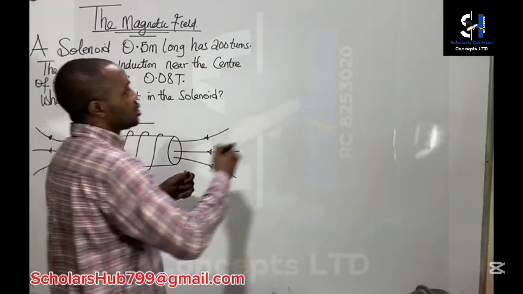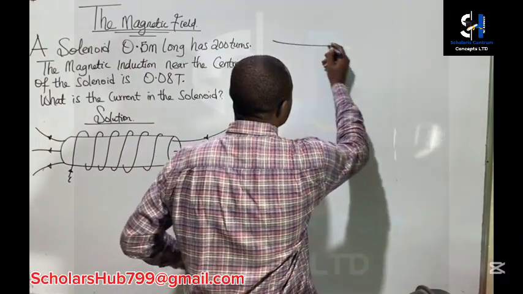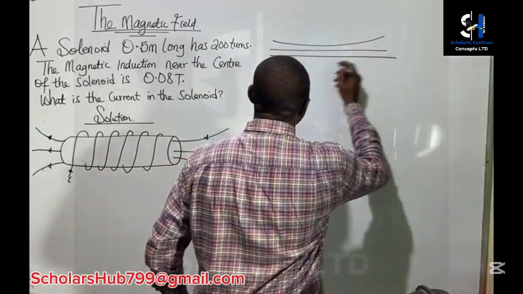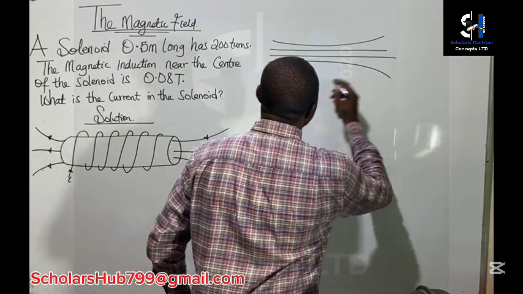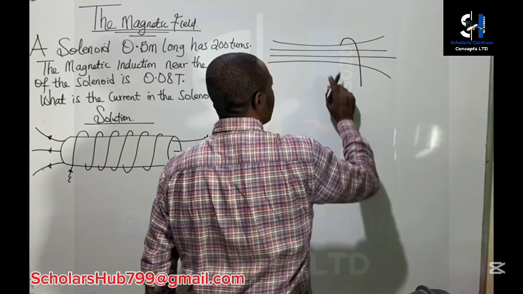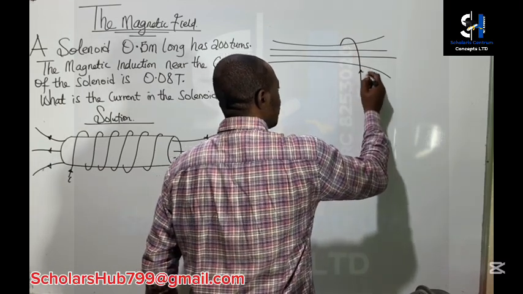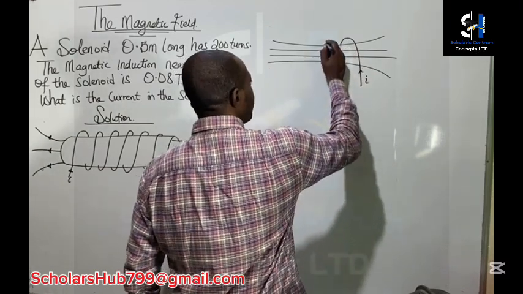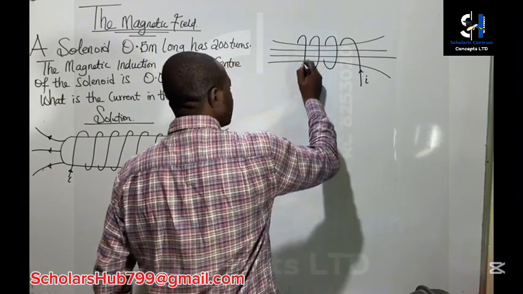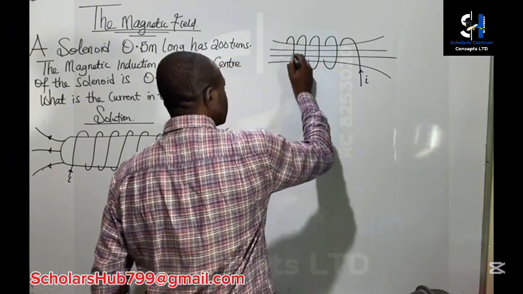Let's say we now have the lines of magnetic field, and the current entering the coil. We have the wires wrapped around the coil like this.